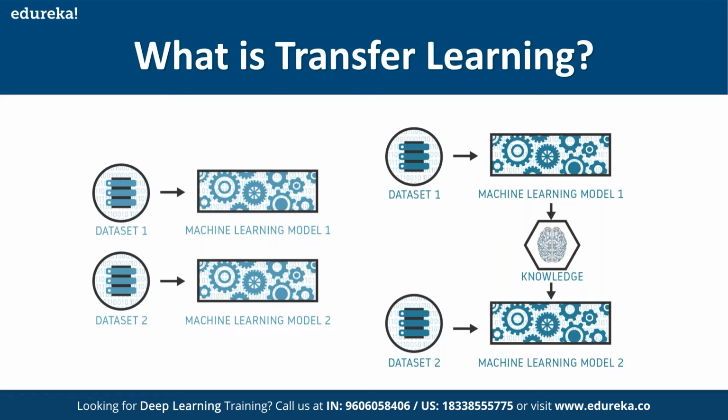After that, I'll use whatever knowledge I gained and apply it on a different data set. That is the working of the transfer learning approach, and this is one of the advanced approaches. It will help you reduce the training time and achieve better accuracy. That is the advantage of transfer learning in deep learning.